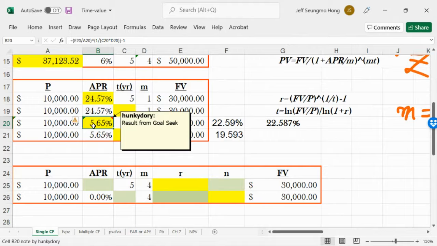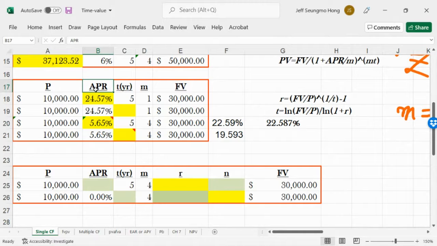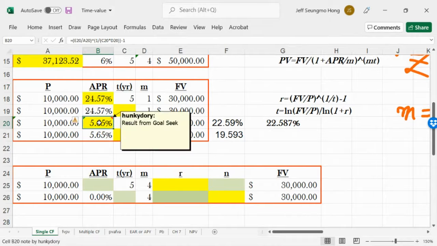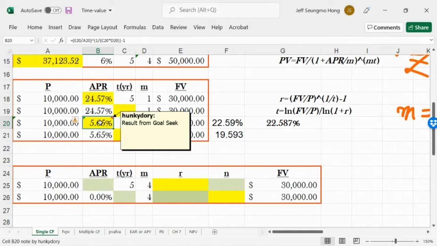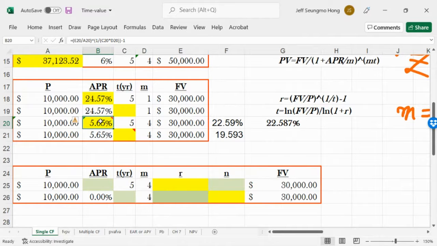This is obviously not the annual rate, but the quarterly rate. We need to answer accordingly, and the question is asking for APR. The label is saying APR, and if under that label you're giving the quarterly rate, then you're not answering the question.